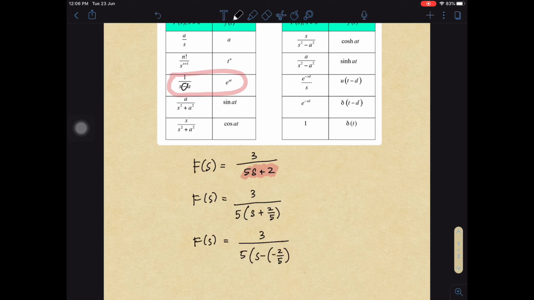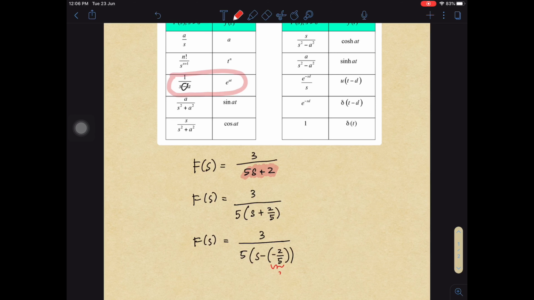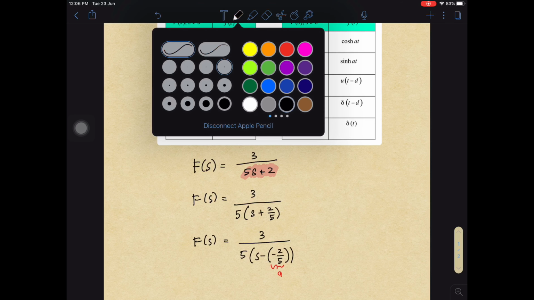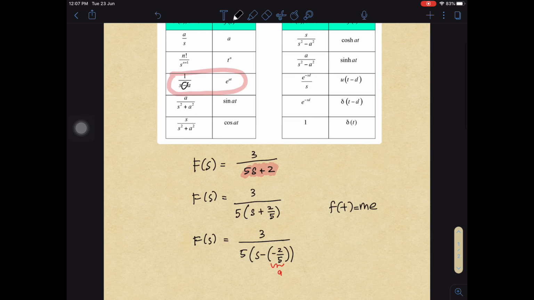So now you can see which one is your a. So your a is here. Okay, your a is equal to negative 2 over 5. Okay, so the f(t) for this F(s) will be m exponent at. So your a is negative 2 over 5. Just write down negative 2 over 5 t.